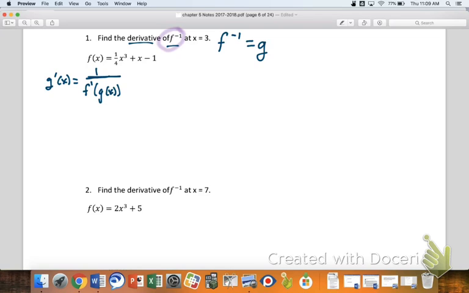Make sense? Now we're not looking for just the derivative of the inverse of f. We're looking for the derivative of the inverse of f at x equals 3. So what does at x equals 3 mean? Plug in 3, wherever you see an x. Sure, g prime of 3. So g prime of 3 equals 1 over f prime of g of 3.